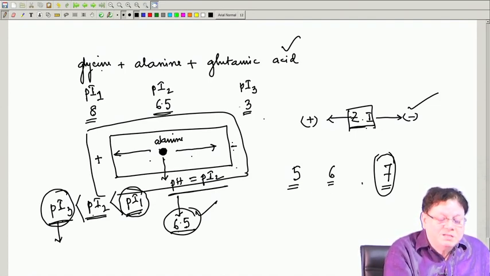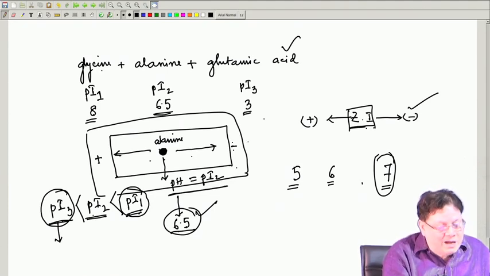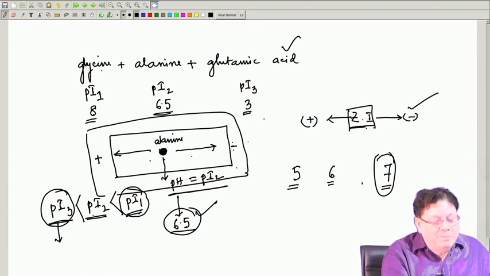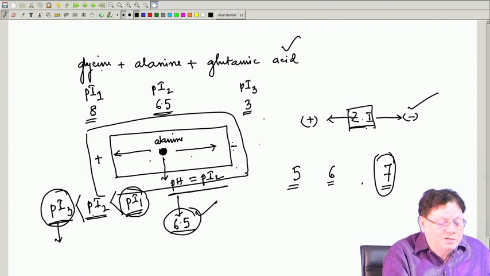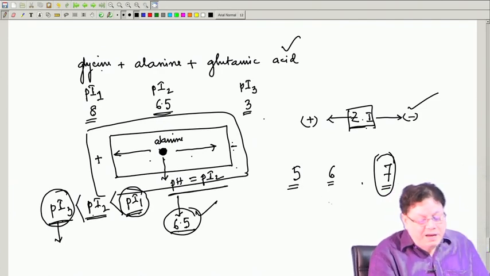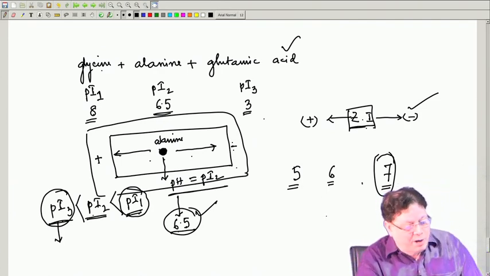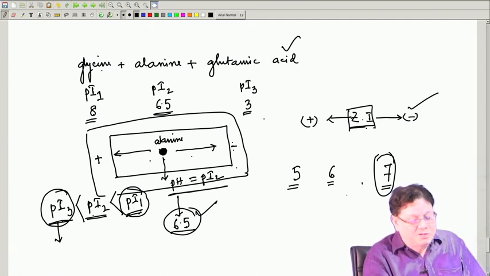If the pH is less than the isoelectric point, then the species will be positively charged. At the isoelectric point, it is neutral.